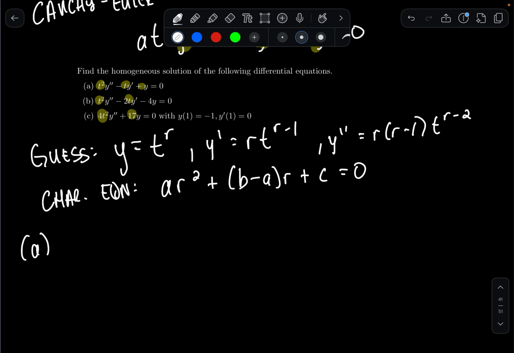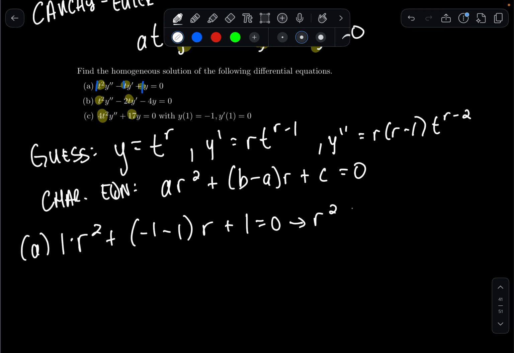So in part A, the A value is the coefficient in front of the t squared y double prime, which is 1. The B value is negative 1, and the C value is positive 1, which gives us the equation 1 r squared, plus b minus a, so negative 1 minus 1 r, plus c, which is 1, is equal to 0.